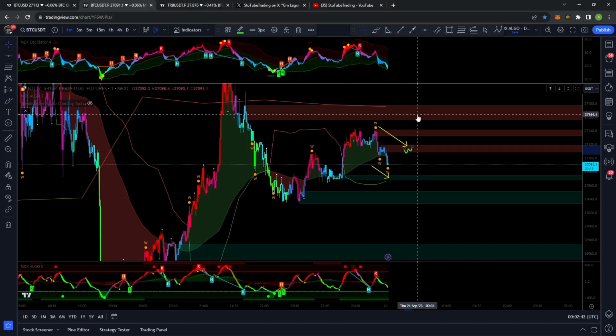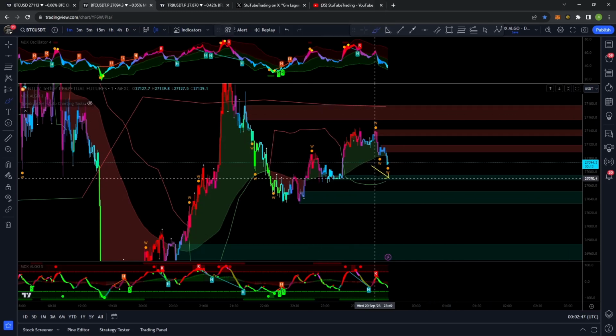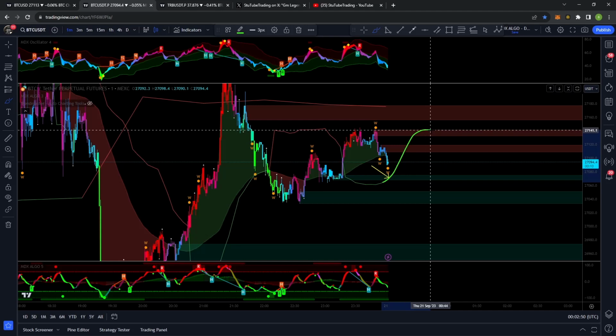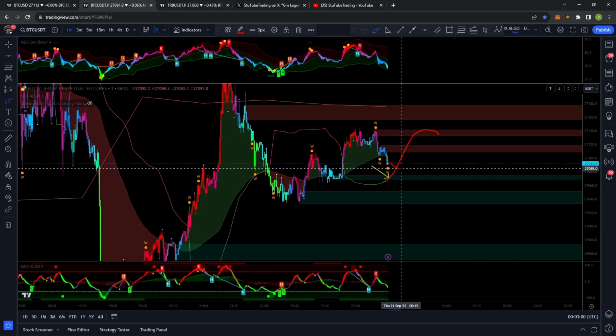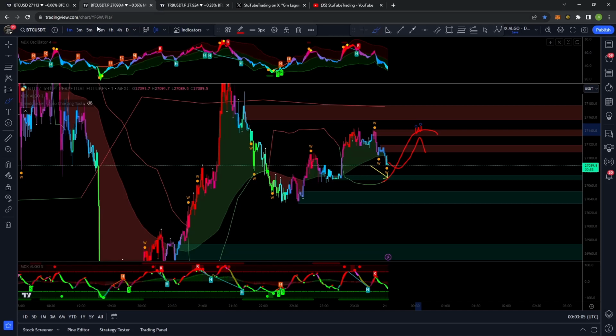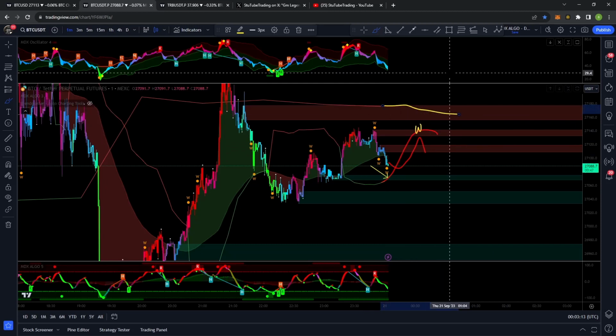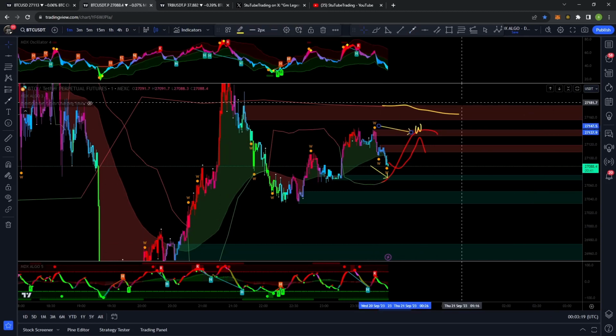I'm still probably going to wait until we flip the 5-minute trend red, though. I would rather see this 5-minute trend form something like this. And then see the price do more something like this, and then get that W. That way we would have the 1 hour trend and the 5-minute trend both bearish, and we would have lower trending W's on both sides.